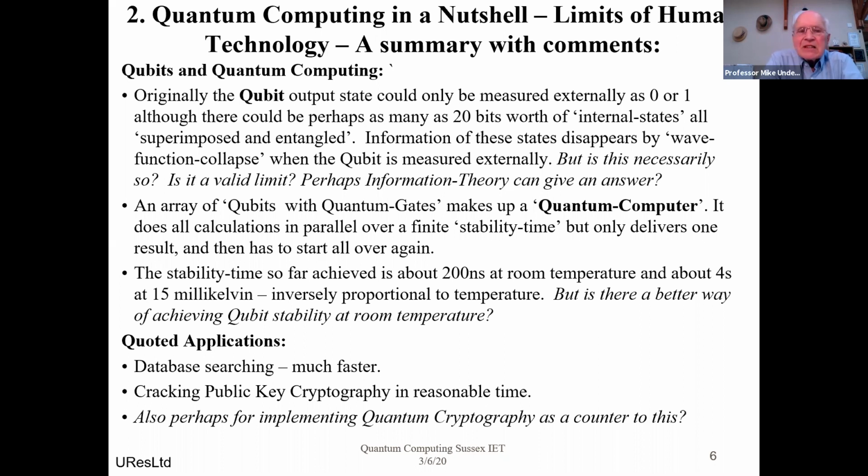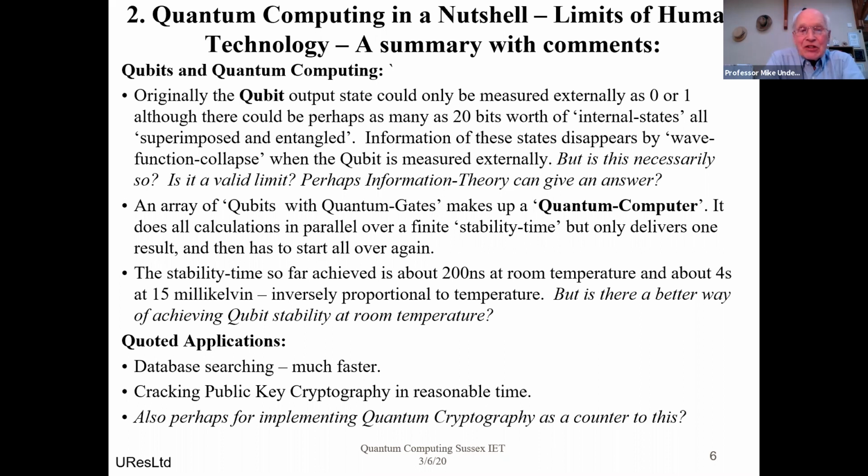But is this necessarily so? Is it a valid limit? And perhaps information theory can give an answer. In fact, only this afternoon, I found an experiment which was reported on the web, which we'll quickly address, which actually gives an answer.